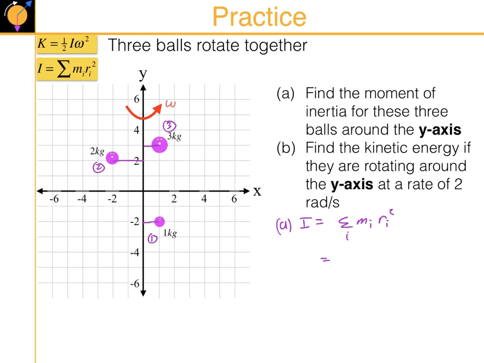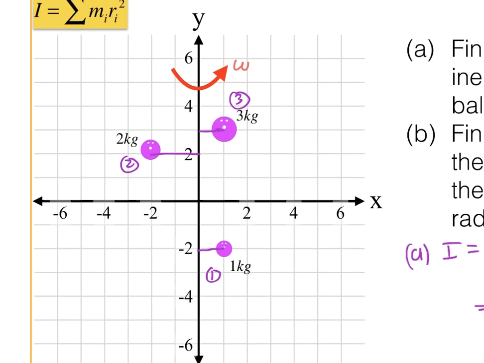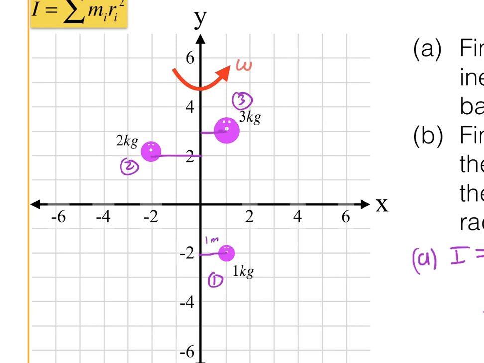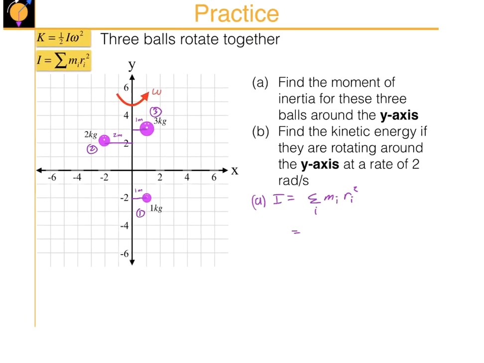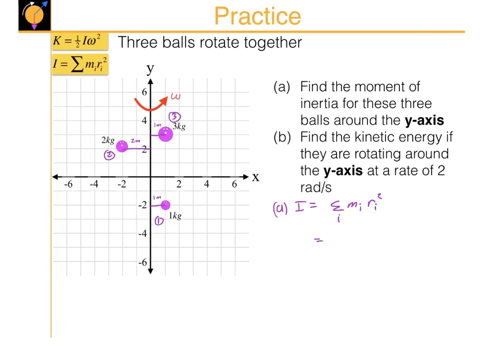So let's quickly look at how far apart they each are. So if I zoom in here, this one is 1 meter, right? This one here is 2 meters from the axis, and this one here is 1 meter from the axis. So I can now calculate the moment of inertia. So m1 is 1 kilogram times m1's distance, which I said is 1 meter.